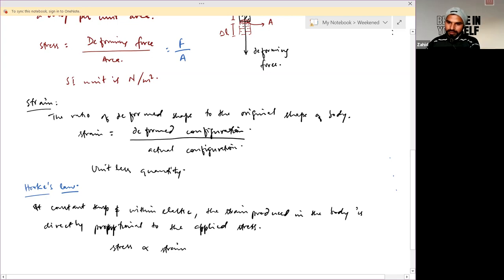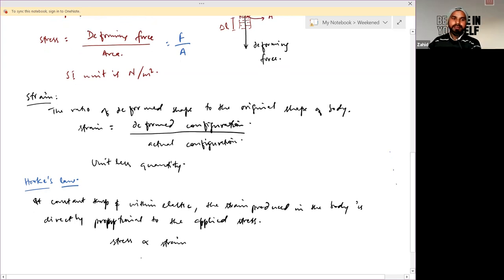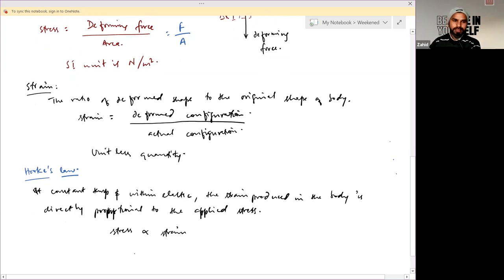If you replace this proportionality sign by placing a constant term, it will be stress equals E times strain, where E is called the modulus of elasticity.